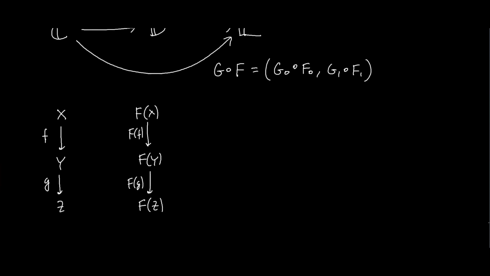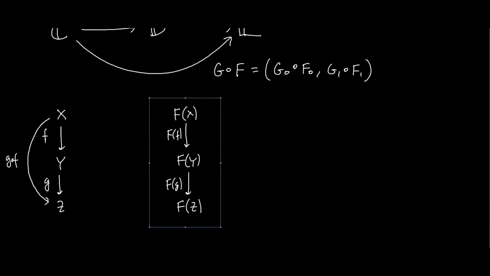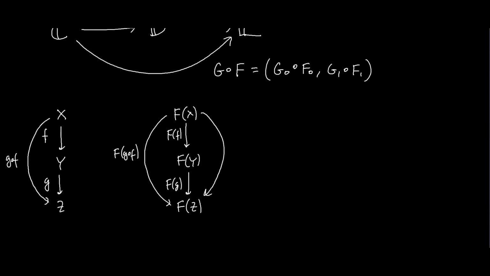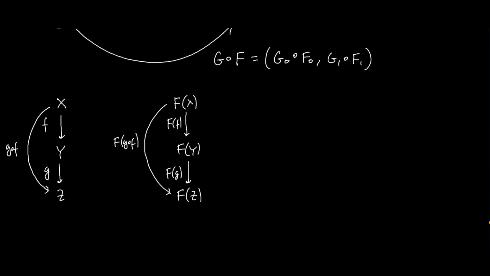And to indicate that it must also preserve composition, I'm going to also draw a composite here. And I'm going to map that composite here, which will then be F of g composed with f. But I'm not going to draw another thing which is meant to be the composite of these two, because that thing is meant to equal this. And maybe I also want to keep the information that the functor must map identity morphisms to identity morphisms.